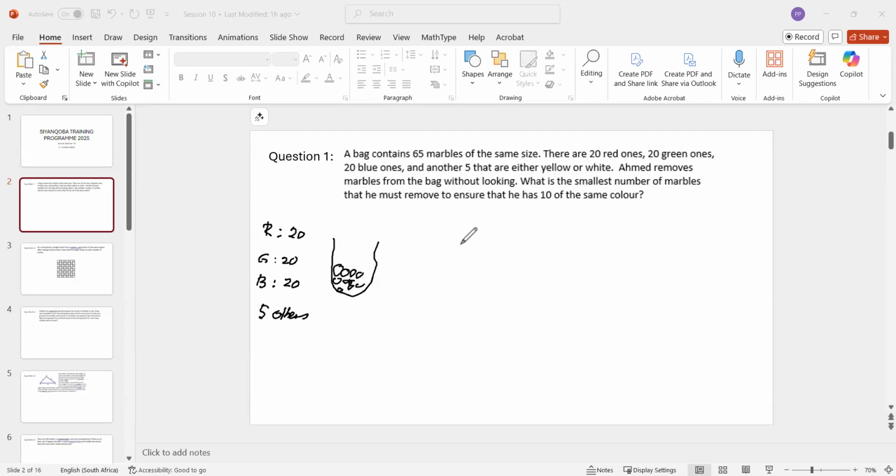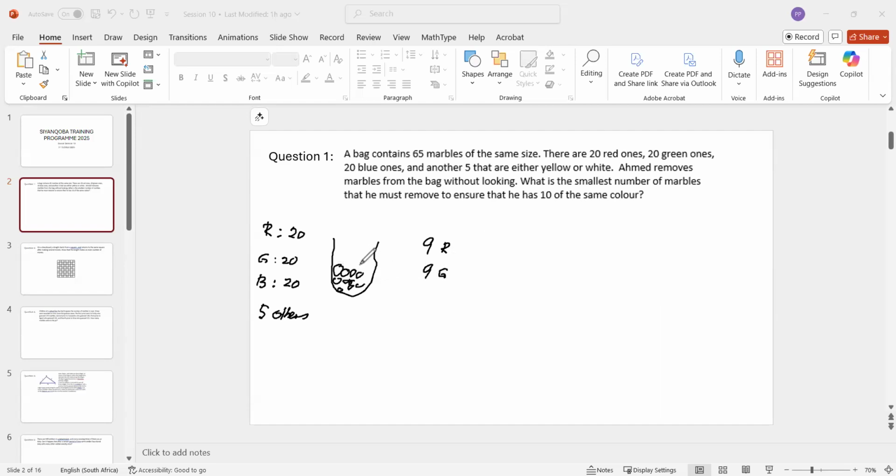Okay, so let's take the worst possible case. He's got 20 red ones. So you can take 9 red and you can't take any more, all right? Because then you will have 10 of the same color. So I'm taking the worst possible case. Then you can take 9 green.